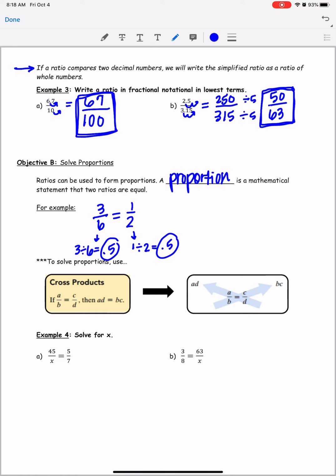Okay. So right here, to solve proportions, we're going to use cross products. It says if A/B equals C/D, then AD, you're just multiplying those together, AD here equals BC. You're cross multiplying. When you have this equal sign in the middle, you're not multiplying straight across.